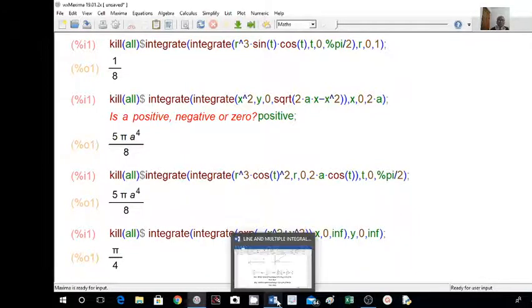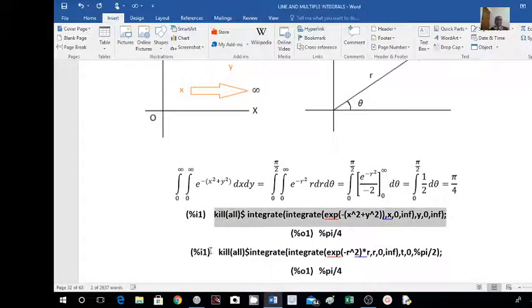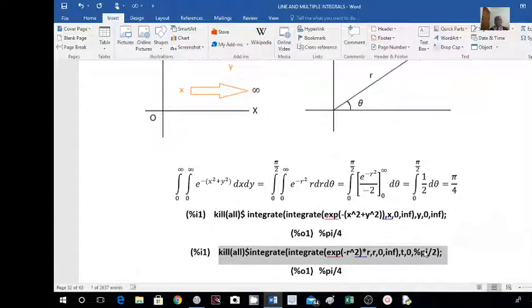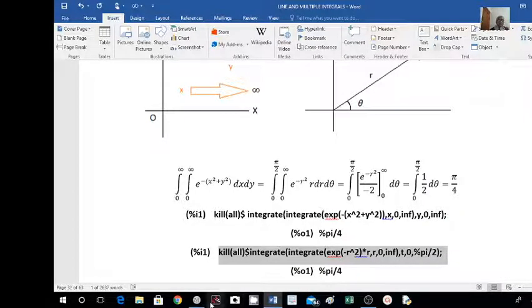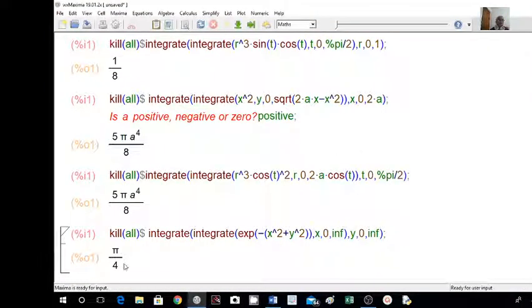And this second one I can execute using the polar form also. This is the code for the polar form. I will copy and paste here.